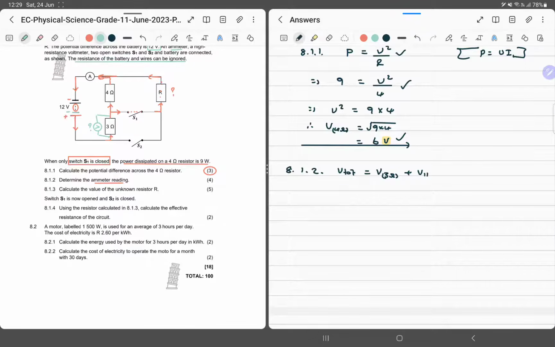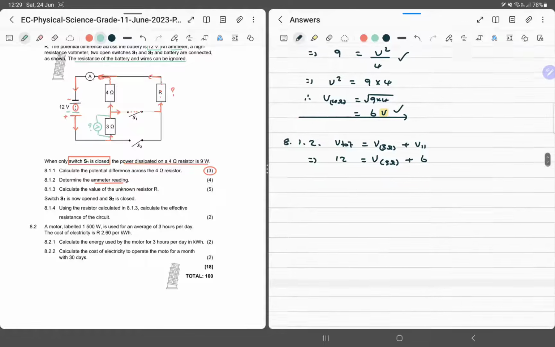So this implies that 12 equals the V across the 3 ohm resistor, which is what we're interested in, plus the V parallel, which is effectively the 6 volts, because the voltmeter across the 4 ohm is the same as the voltmeter across the other resistor because they're in parallel.